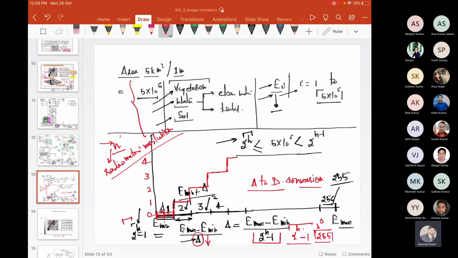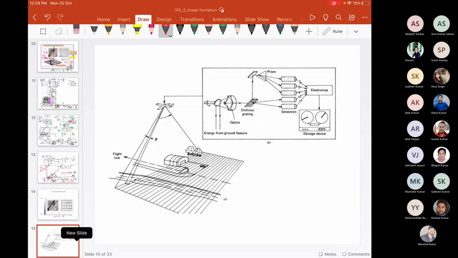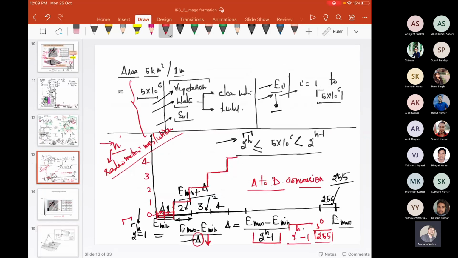We are just narrowing that range. By increasing n, we decrease delta, and now we assign a very narrow range to a unique number, and to the next range we assign a different number.